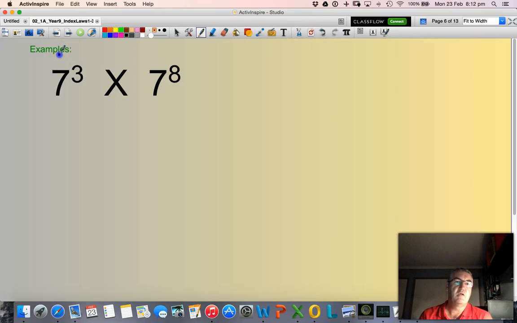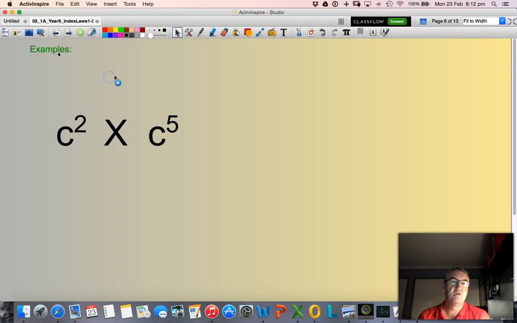Now, our next example, just getting the hang of this now, is let's look at c squared multiplied by c to the power of 5. Now, in this situation here, c is some unknown number. Do we have the same base? Yes, we do. That base is c. We have a c squared and a c to the power of 5.